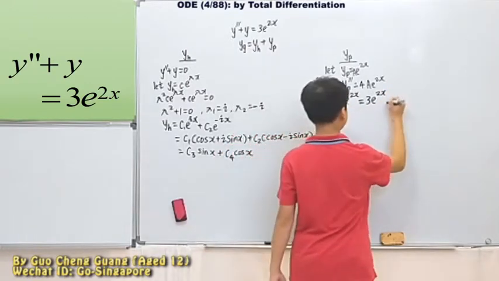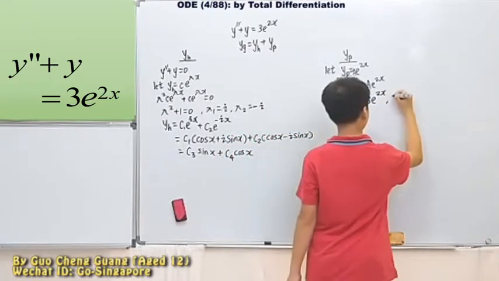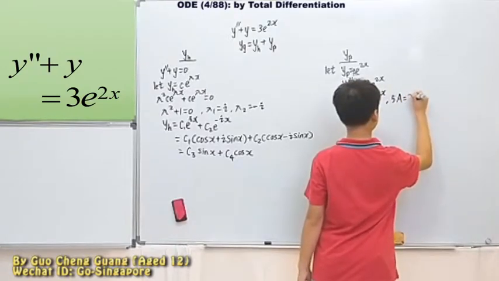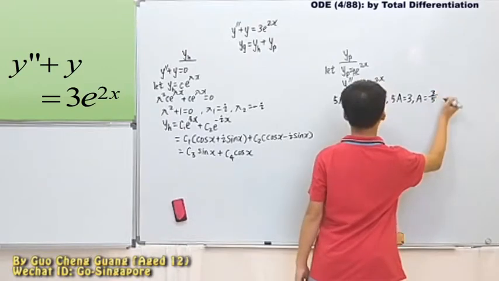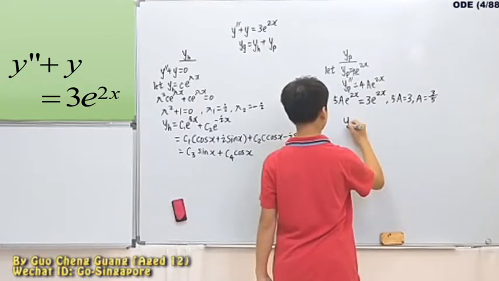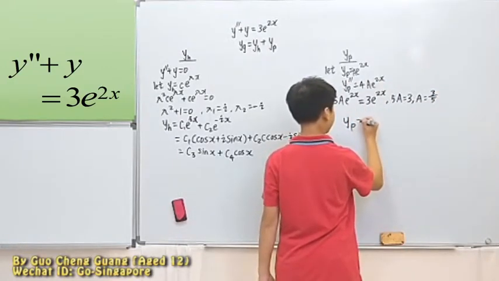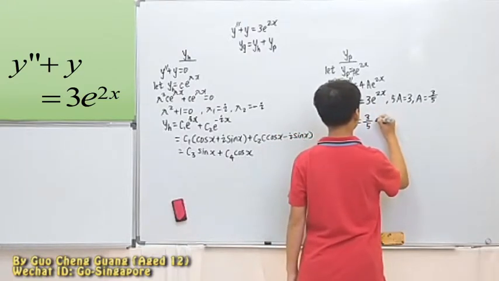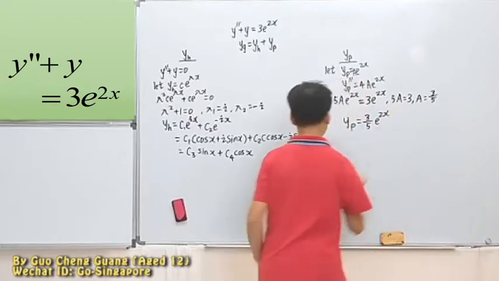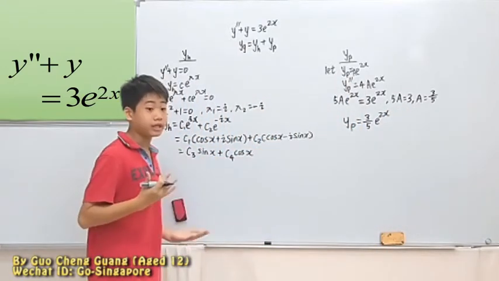And here you just basically get 5a is 3. So a is 3 over 5. And that means yp. That would be 3 over 5 e to the power of 2x. That means you've got both parts already.